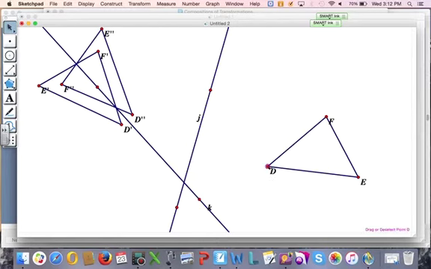Meaning, for example, in this triangle, if I'm going counterclockwise starting at D, it's D, E, F. Now, if I go to my double prime triangle and I start at D and go counterclockwise again, it's D double prime, E double prime, F double prime. Since that order didn't change from triangle DEF to my double prime triangle, that's not a reflection.